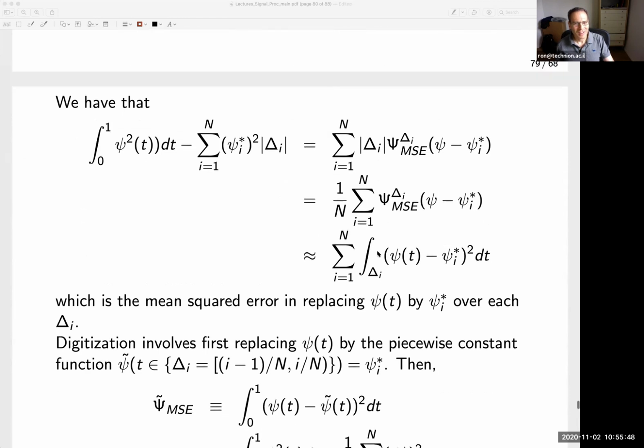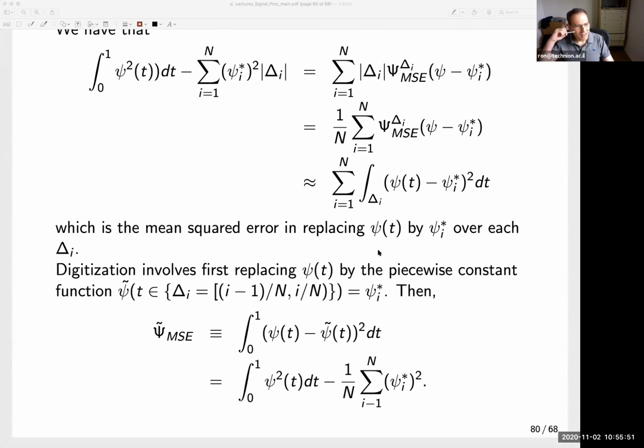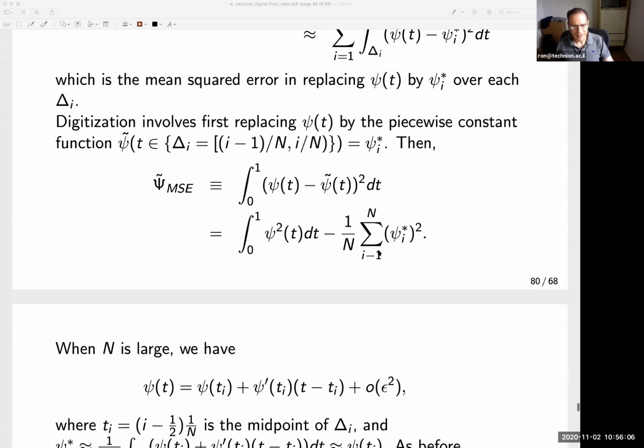So again, digitizing in time gave us the following error at the end of the day. And now we are ready to work with the quantization of the values themselves.